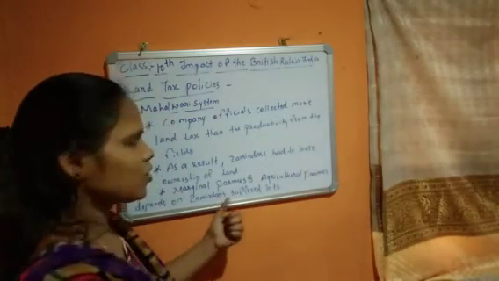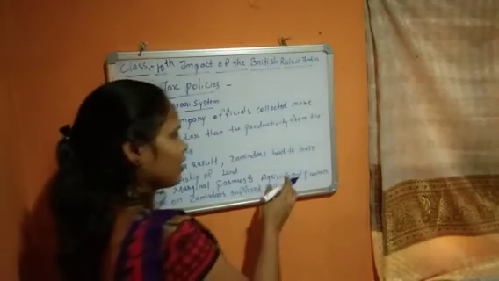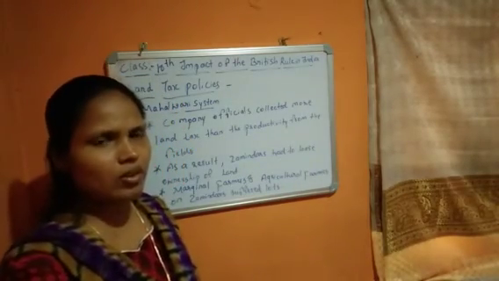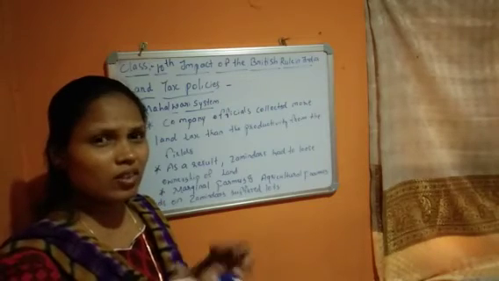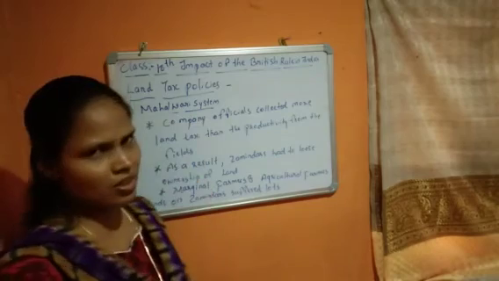Here, marginal farmers are very small farmers, and agricultural farmers always depend on zamindars. They suffered a lot from this Mahalwari system.